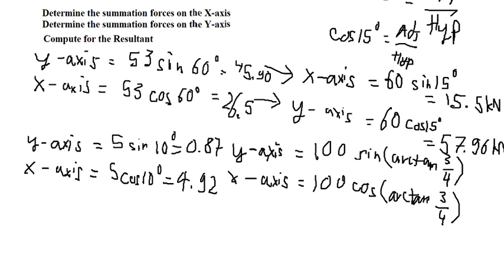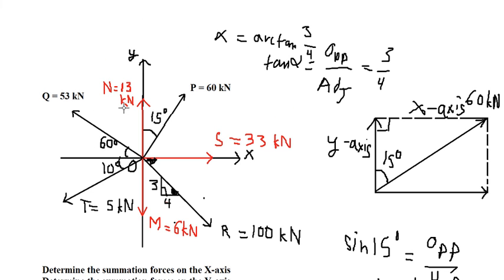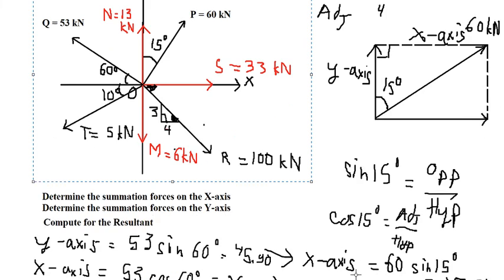This one we calculate, and we got about 60 in here. This one we calculate and we have 80 in here. Now after we got all the values in here, we go back to this diagram.